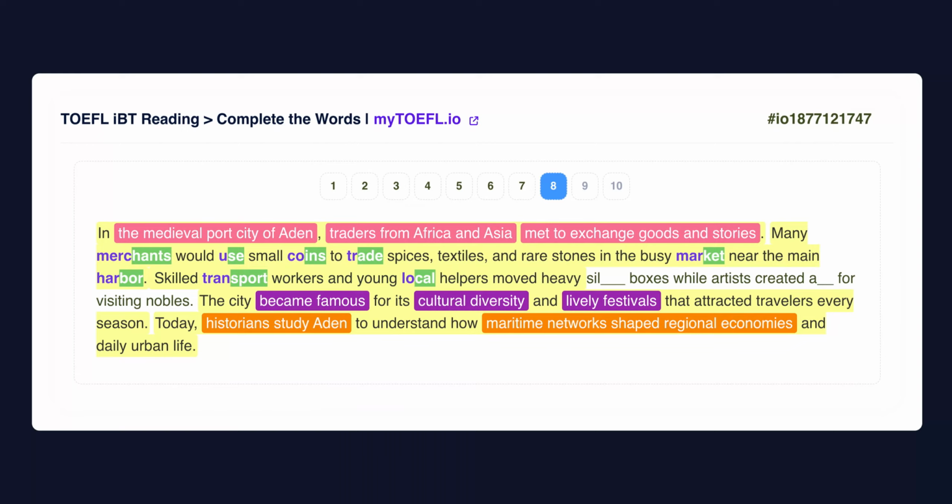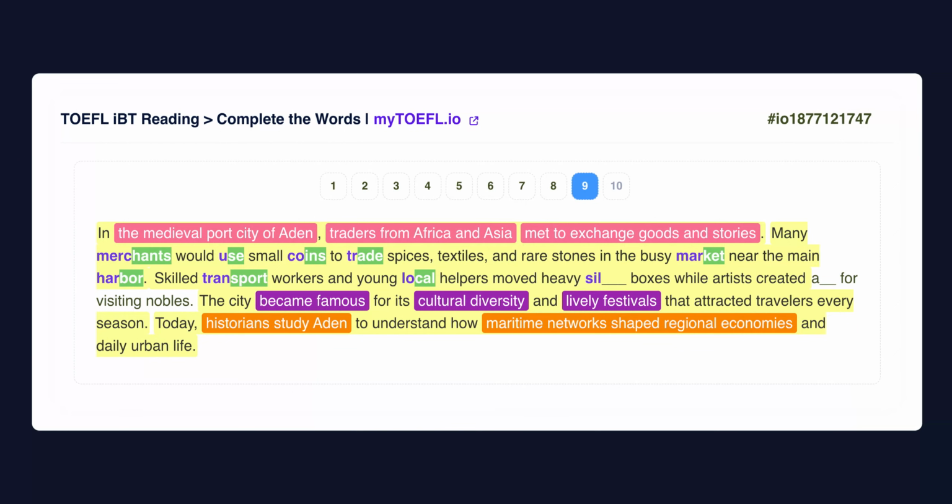All right, we're getting close to the end. The next blank describes the type of boxes that were being moved. The context suggests something valuable was being traded. Skilled transport workers and young local helpers moved heavy sil _ _ _ boxes while artists created. The question gives us the letters S, I, and L, and we need to complete the final three blanks.